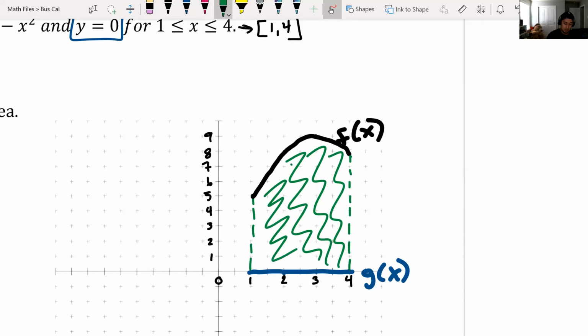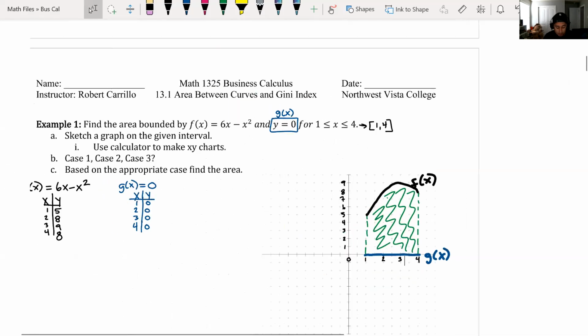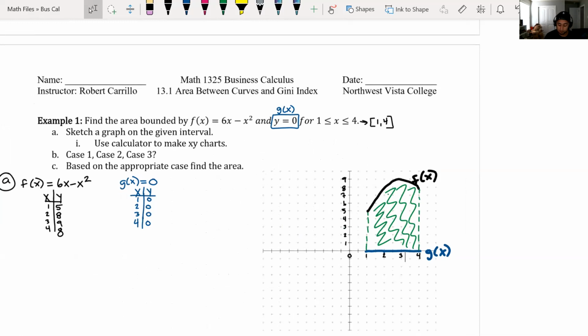So with that being said, we now have sketched both graphs, and now we want to know what case applies to this. So what case is going to apply to this? Now you see on our graph that f of x is above g of x.